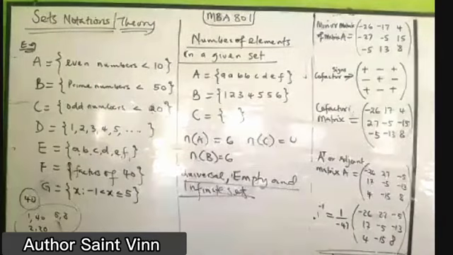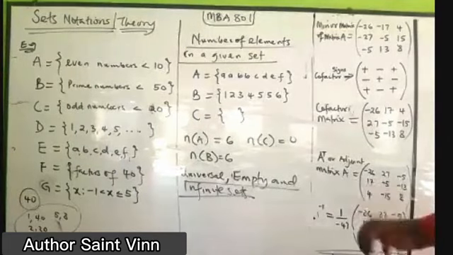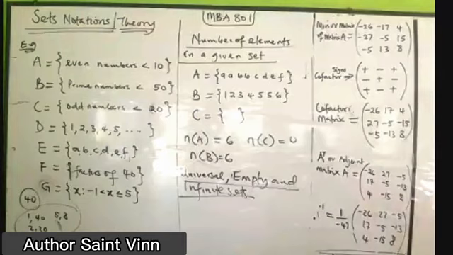Hello, sir. We are following. Please, I want to make a clarification. The number of elements in set A, you have 6. How do you arrive at 6? How many did you get? I have 1, 2, 3, 4, 5, 8.